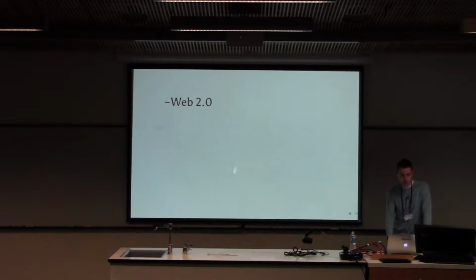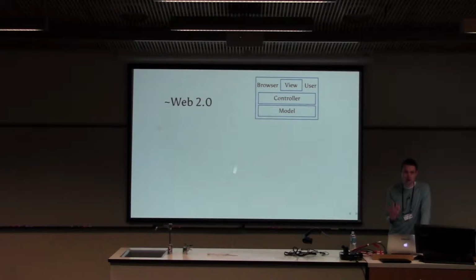Web 2.0 came about because there was a demand for dynamic content. People needed to be able to interact with web pages quickly, and the server-side model is not the best fit for that. So it changed so that the browser itself could have its own controllers responding to user input. And perhaps the browser has a little model on the front end. You're starting to store some of the data on the front end.